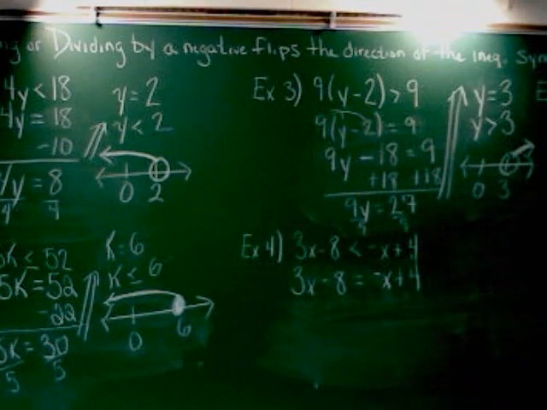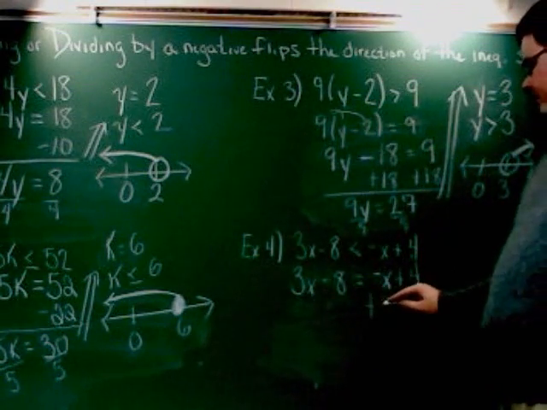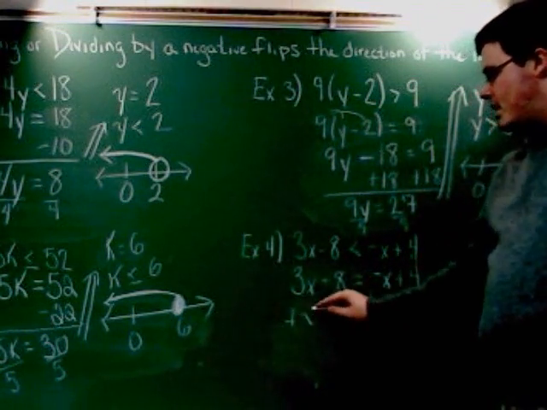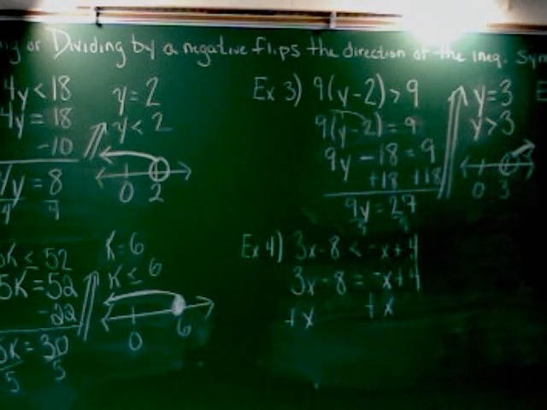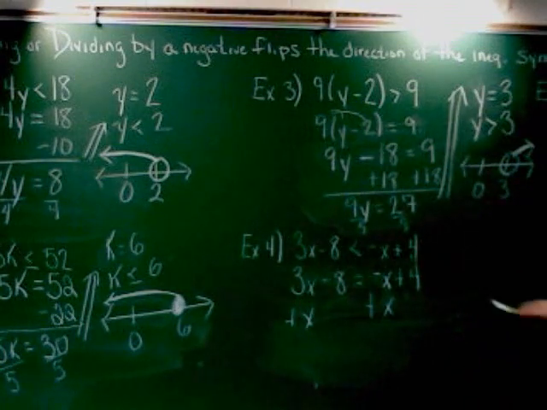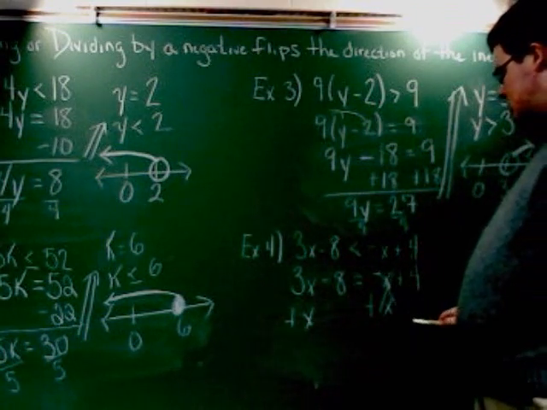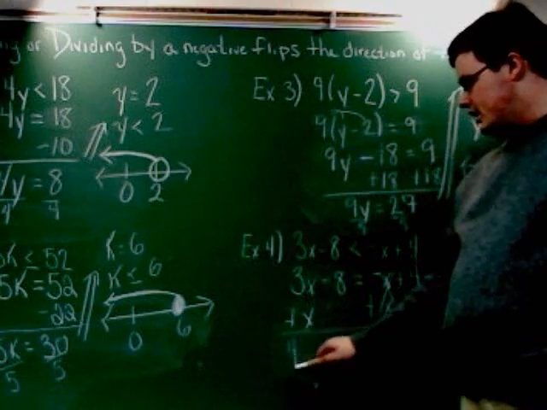All right, so the first thing I'm going to do is add x to each side. Now, we had many problems like that last week. You should know by now that if I'm adding x to both sides, that's like I'm adding 1x to both sides. So what I really have is 3x plus 1x, which is the same as 4x.